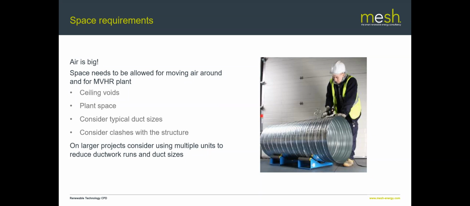It meant that we could set the guest annex ventilation rates back when it wasn't in use, and equally we could ramp up the extract rates and supply rates in the main bedroom wing, for example, when the bathrooms were in heavy use, and turn it down in other areas of the house when people were getting up and going to bed. So it's often a good idea to try and zone MVHR units, thinking about how the building might be used, rather than necessarily doing it floor by floor, or dividing the building vertically. There's different ways of doing that.